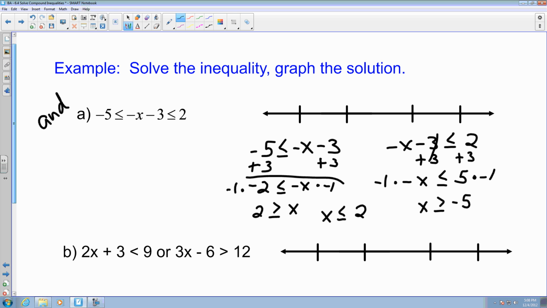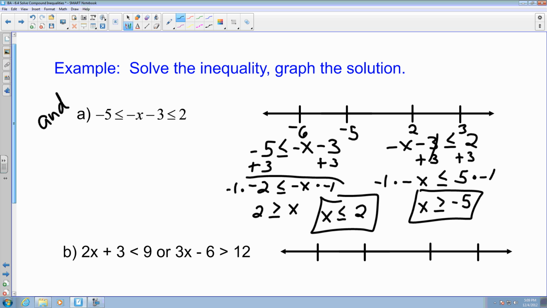So now that I have these solutions here, I can now graph them. So I have a -5. That's the smaller of the 2, and I got 2. I'm going to put 3 over here, and I'm going to have a -6. And it should hold true. So say if this is an and statement, they're both closed circles.